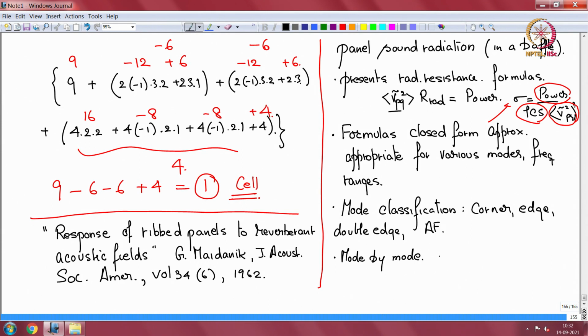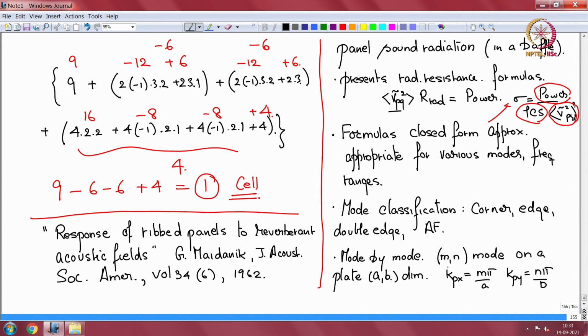Okay, so you have an MN mode on a plate of dimensions A comma B. Okay, that means your kx mode is M pi by A and the ky mode is N pi by B. Okay, the plate lies in the XY plane.